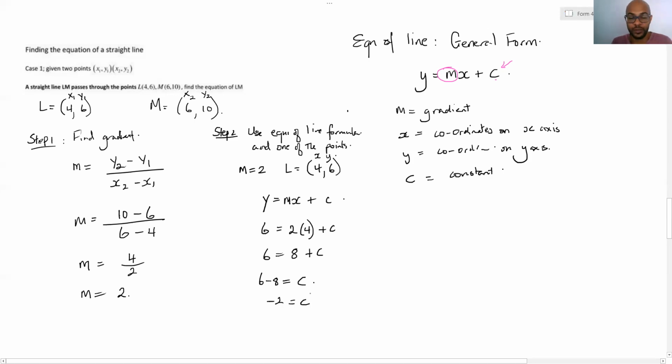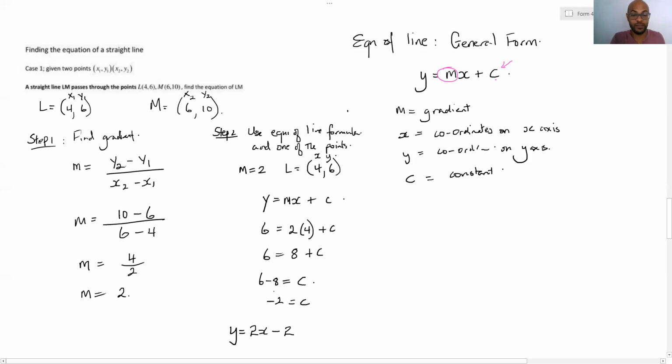Now you don't stop here, right? A lot of students tend to stop here, but this is not the answer. You need to actually write the equation now, but you're not putting in values for x and y, because those are variables. Where you're going to put the values in is for the gradient and the constant. And the constant is going to be whatever value you got for c.